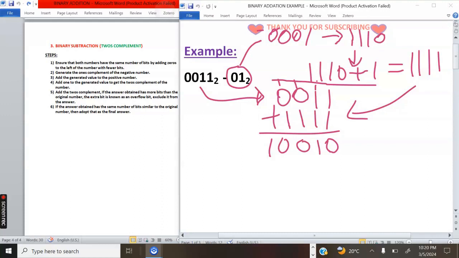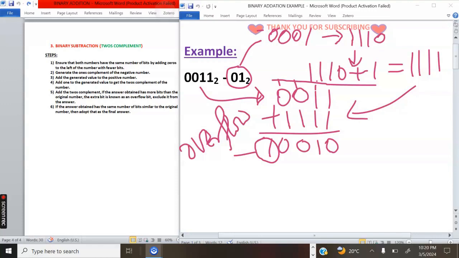Okay, having done that, rule number 5 says that if there's an extra bit, which is now known as the overflow, this one, this is our overflow. So if you have an overflow, unlike the case of one complement where we are supposed to add it, for the case of two complement, you are supposed to exclude it.